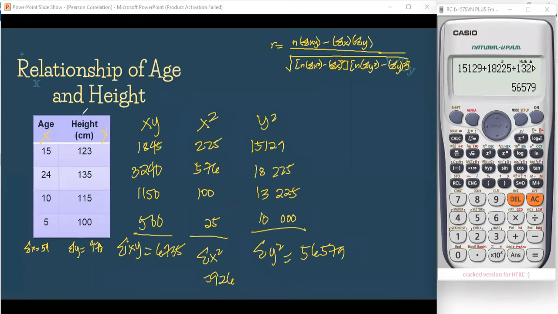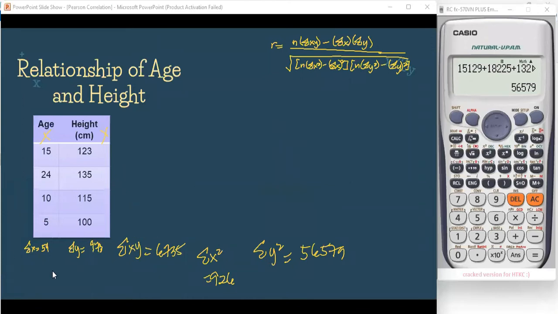So my dear students, ang mga kailangan lang po natin is ito, the summation of x, the summation of y, xy, the summation of x squared, and the summation of y squared. So ibig sabihin, ito lang po yung kakailanganin natin. So ito, pansamantala, i-erase po muna natin to save space po.